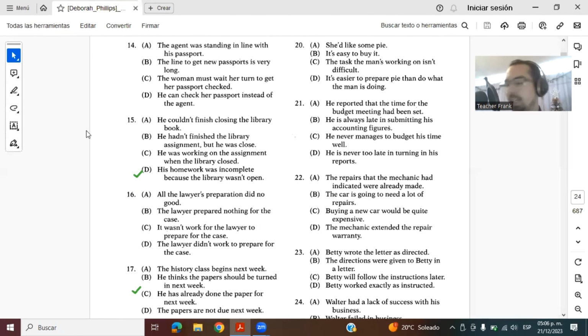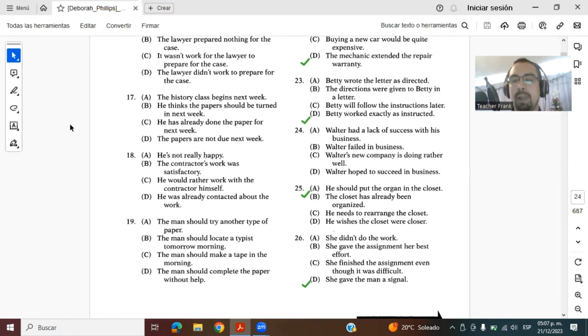Number 20 is C. Number 21 is B. Number 22 is B. And number 23 is D. Okay, now let us check number 24 and 25. Number 24 is C. Number 25 is also C. And number 26 is A.